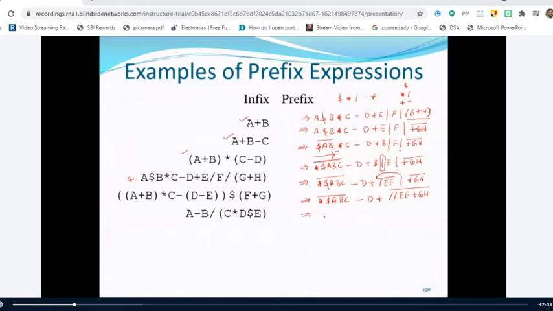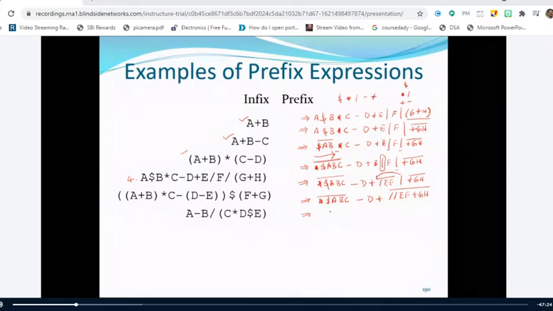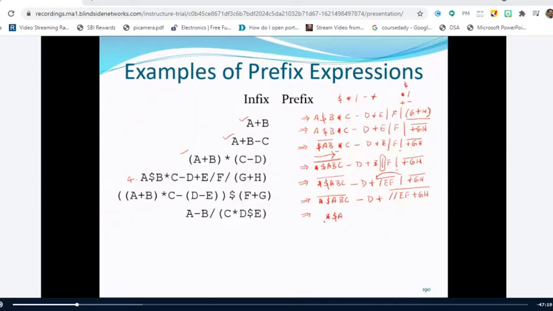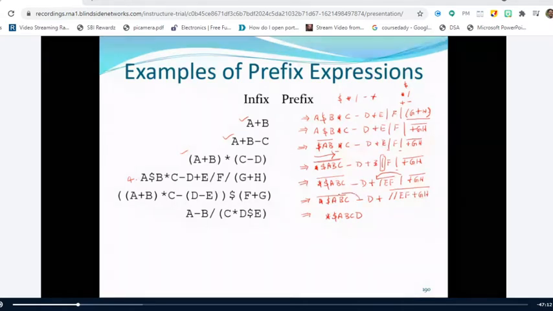So how many operators are we left with right now? 2, sir. Minus and plus. Both have equal precedence, and since the operators are left associative, minus has to be solved first. So what will be the expression? First you write the left operand, star dollar abc, followed by the operand d, and you place the operator minus before the operands.